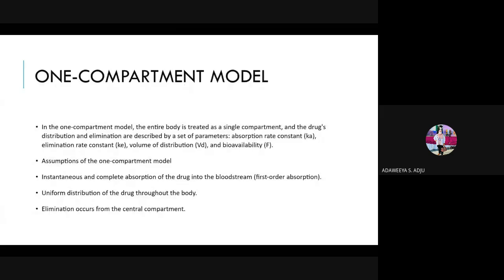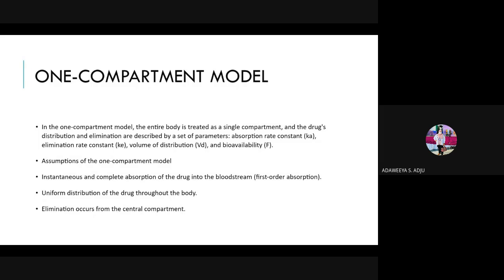Now, for this one compartment model, we need to consider that the entire body is being treated as a single compartment, and the drug's distribution and elimination are described by a set of parameters. So we need to consider parameters such as the absorption rate constant, the elimination rate constant, the volume of distribution, and its bioavailability.